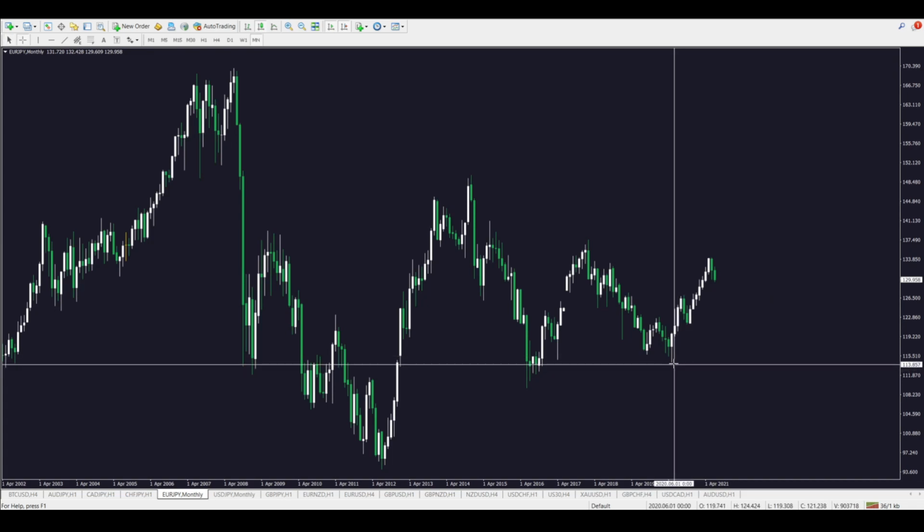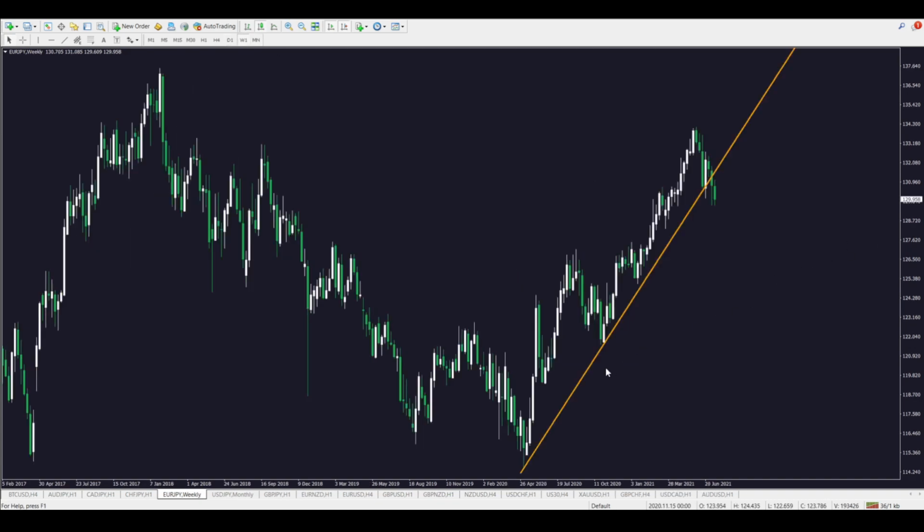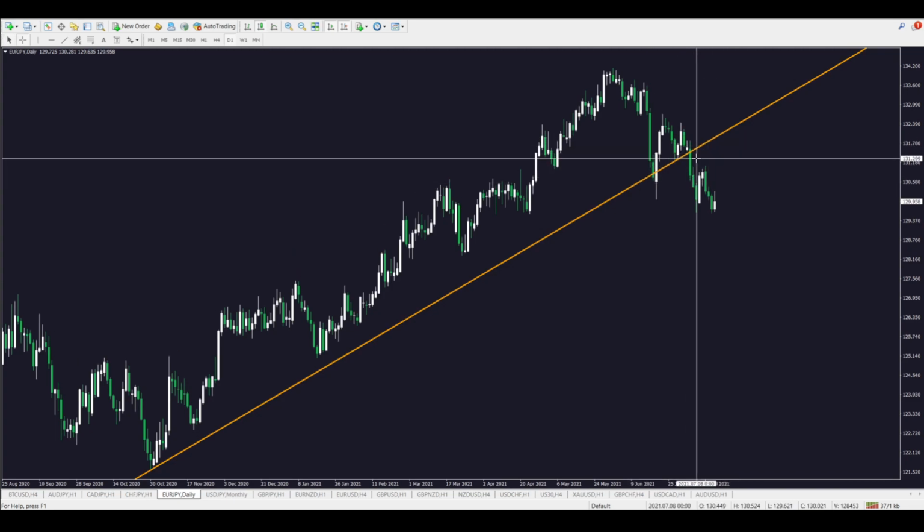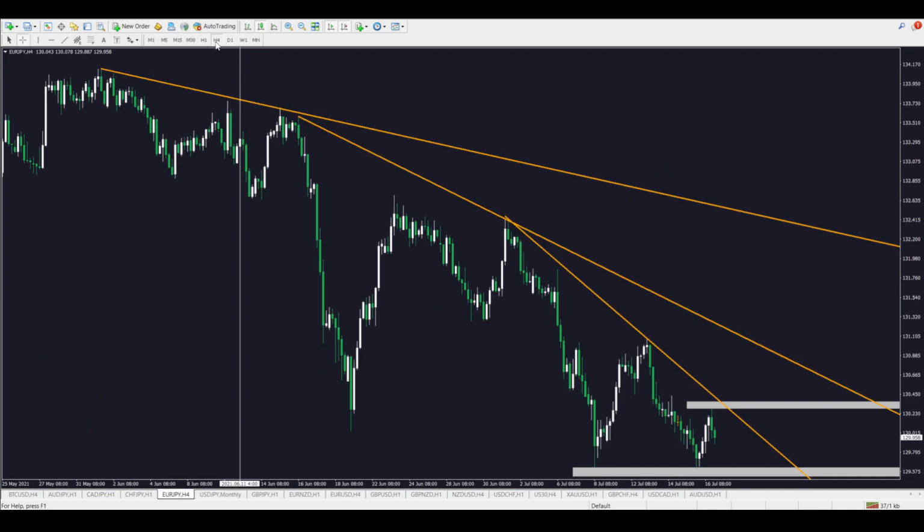So we have bullish right here. Bullish again. Price broke the bullish trend line, started going down. Bearish trend right about here. Also make note that the bearish trend has gone below the bullish trend line, which is very important.